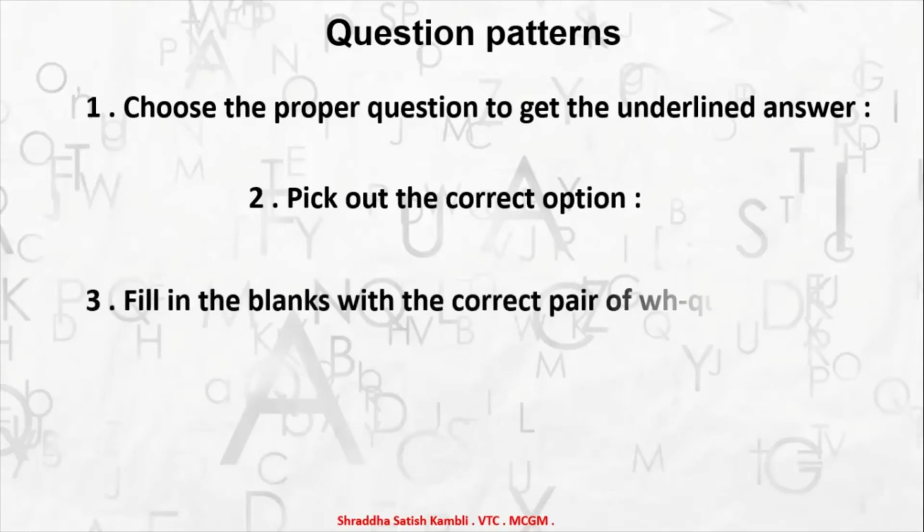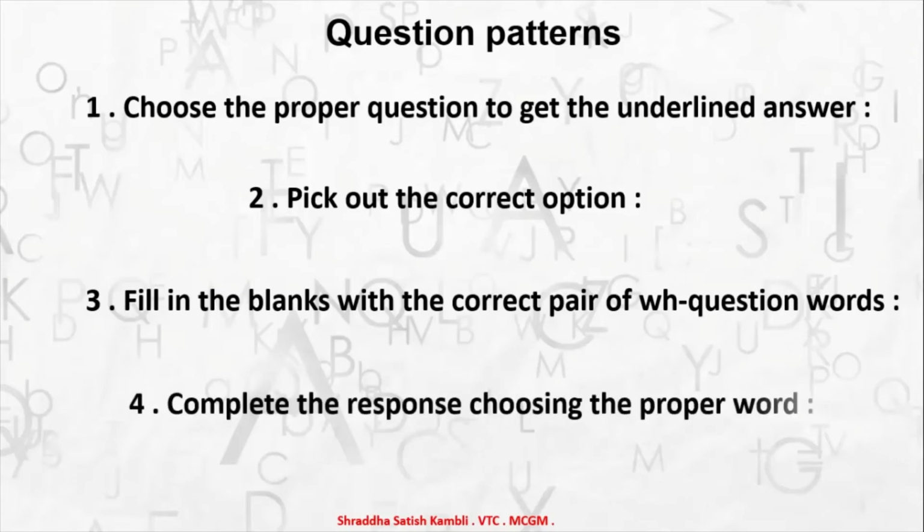Then you have fill in the blanks with the correct pair of WH question words. And finally you have complete the response choosing the proper word. So we have 4 kinds of questions which could be asked of you based on WH questions. Okay, so let us now try and solve at least 5 examples in each pattern.